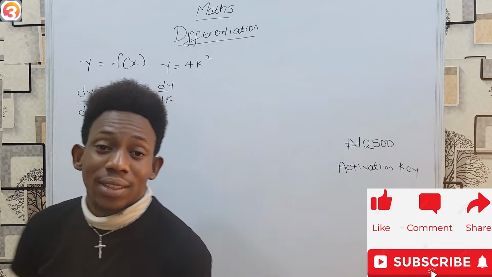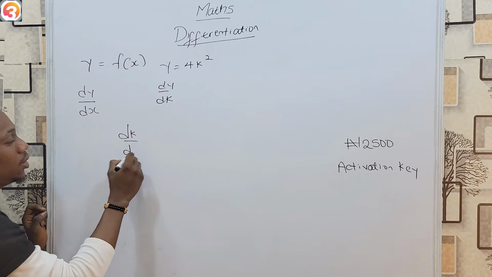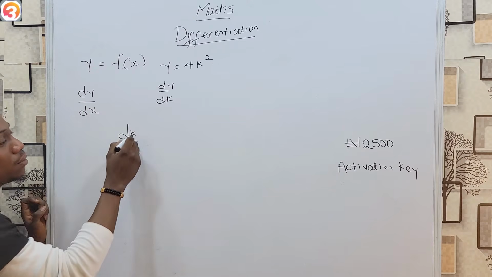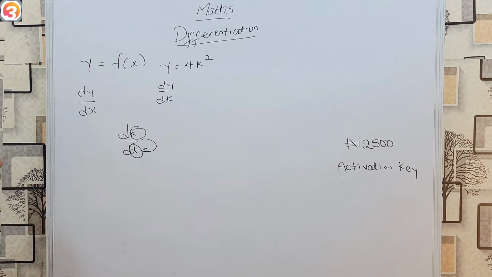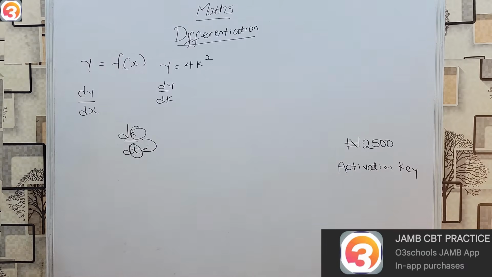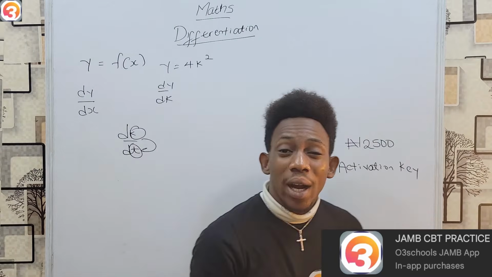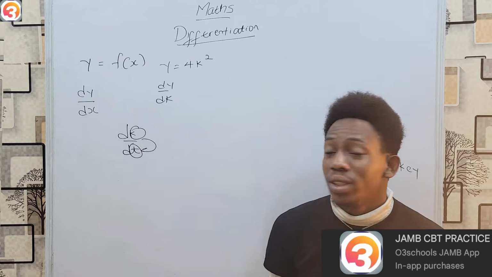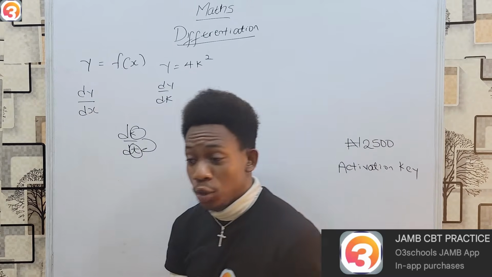So dk dt simply means, find the derivative of k with respect to t. It doesn't really matter what the letters are. This first letter always represents your function, while the second letter, the denominator, represents the variable you are changing. So that's how differentiation works.